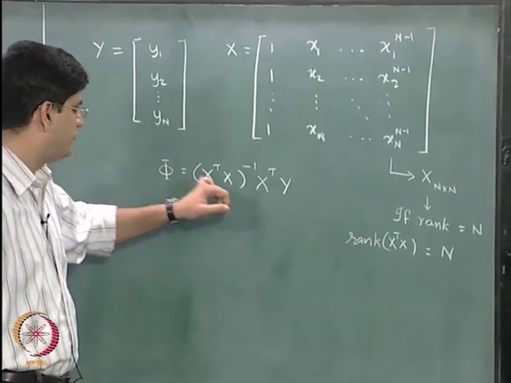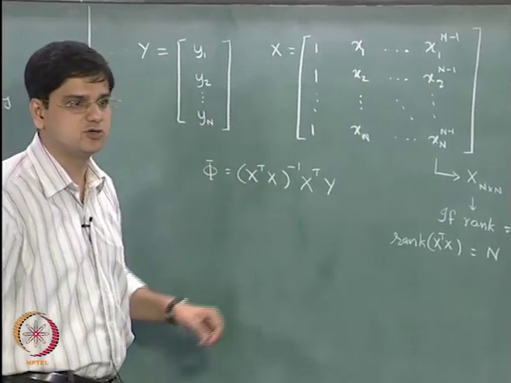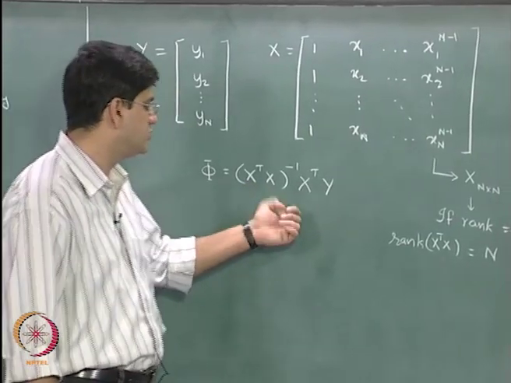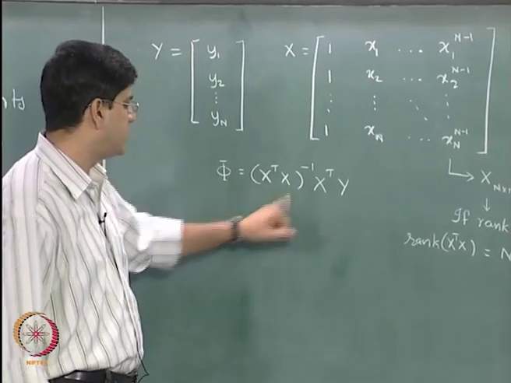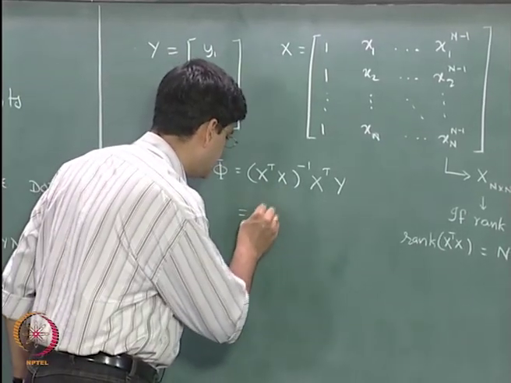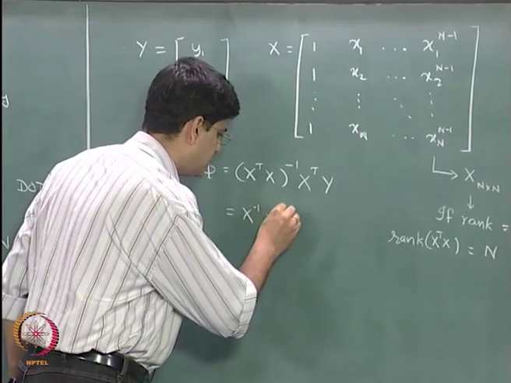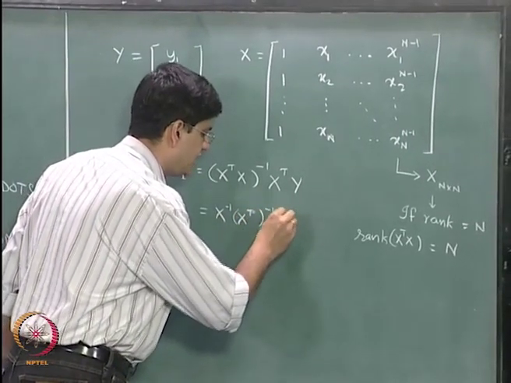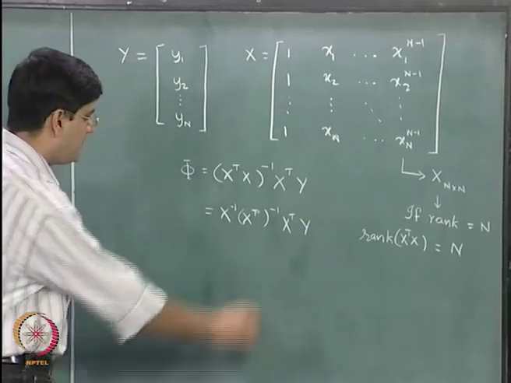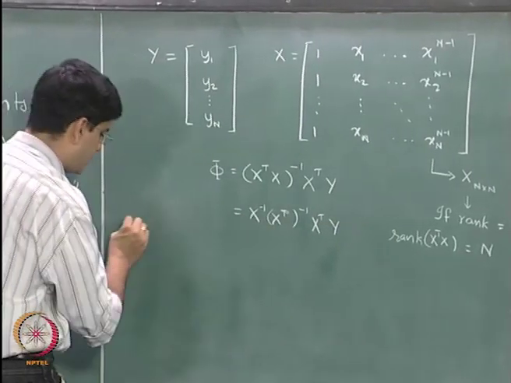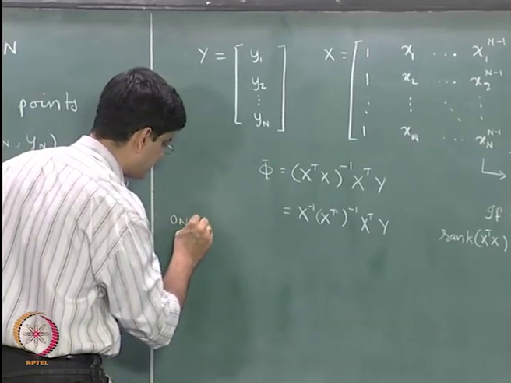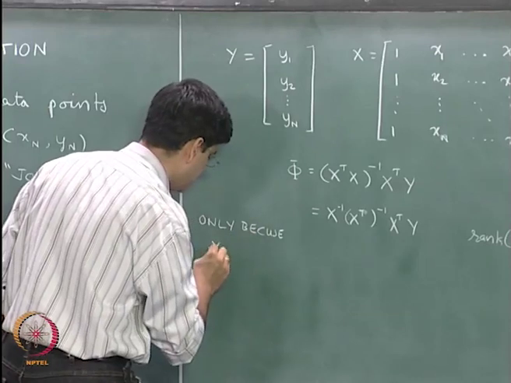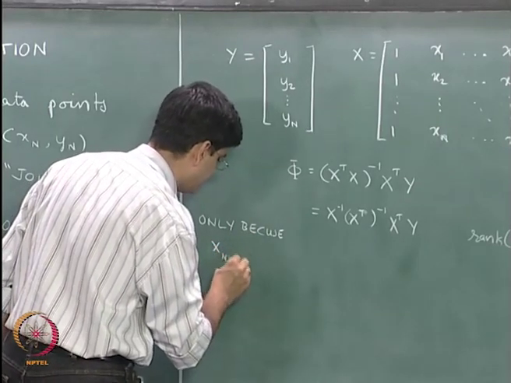So if X is invertible and X transpose is also invertible, and therefore X transpose X is going to be invertible, we will be able to write this as X inverse, X transpose inverse, X transpose Y. Keep in mind we are able to write this only because X is an n by n matrix.